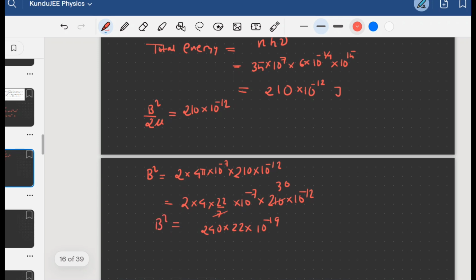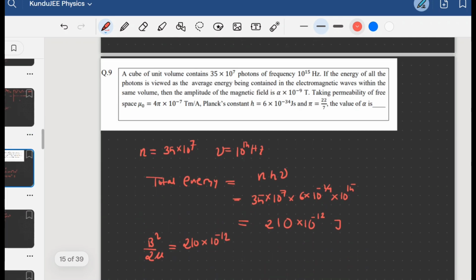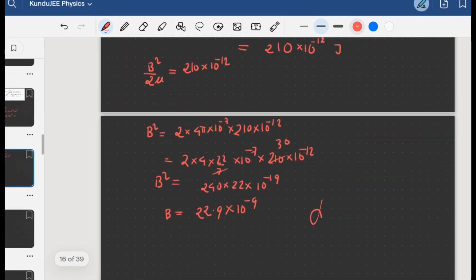That is the value of B square. So B, we can find out that is 22.9 into 10 to the power minus 9. So in our question, it is given as alpha. So alpha value will be 22.9. That is our answer.